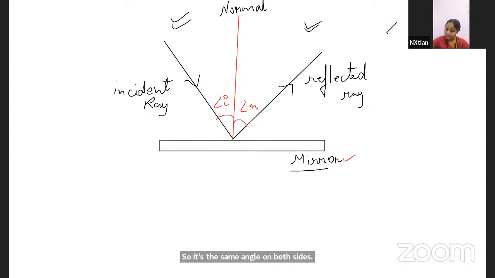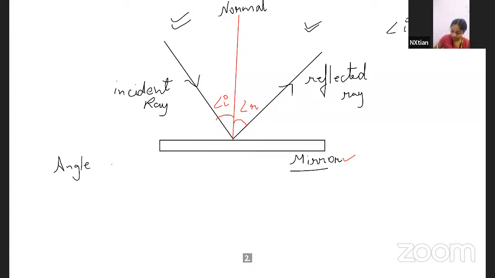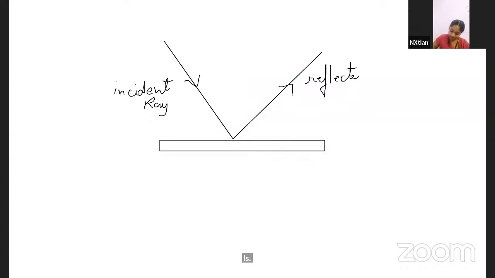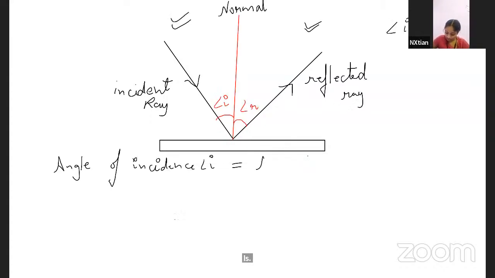So here, angle I, that's the angle of incidence, is equal to angle of reflection, that is R. Hope this is clear to you.